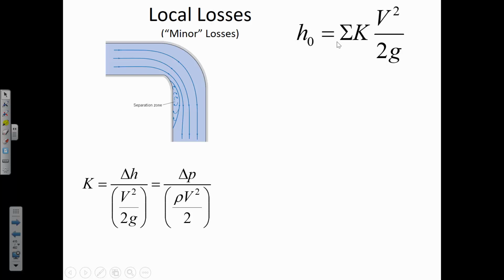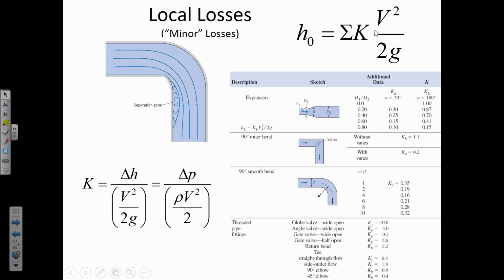If you have a series of different pipe diameters, then you'd have to group the K values together and only multiply the K values by the velocity head that they're experiencing. But just for simplicity's sake, you can add the K values together.